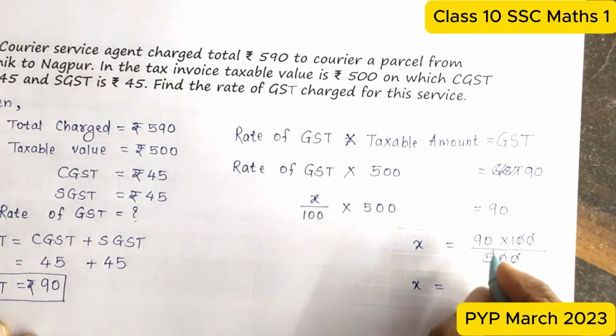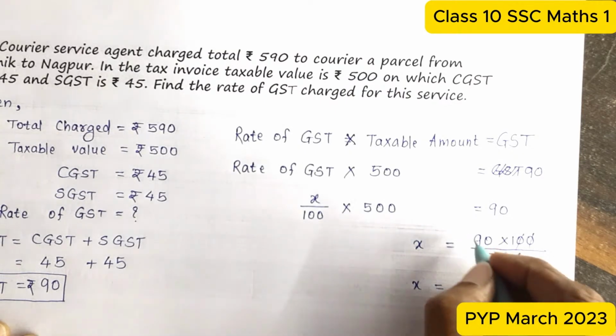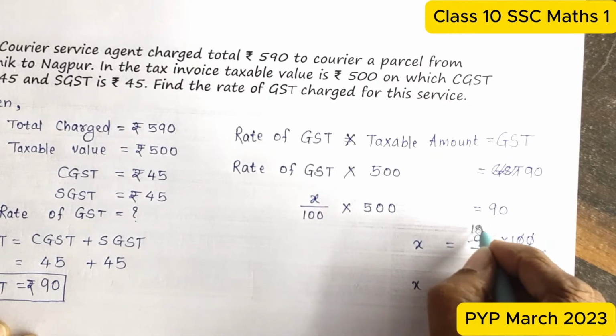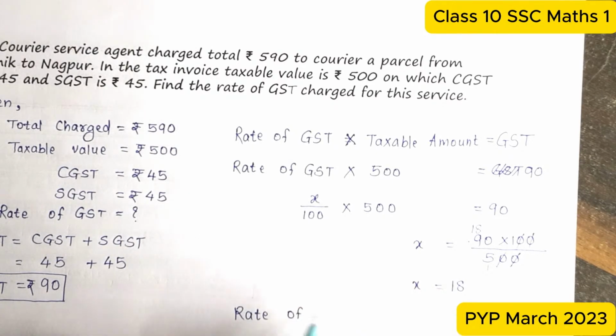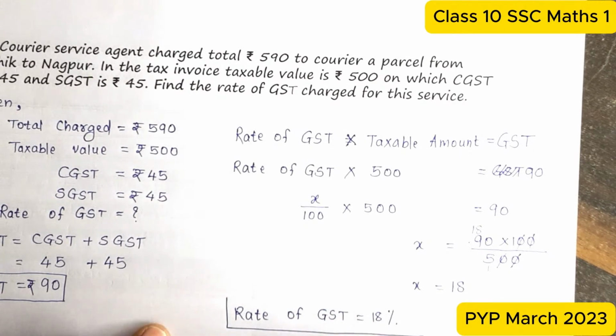So 5 ones are 5, 5 eights are 40. So X is equal to 18 students. That means the rate of GST is equal to 18%. Therefore, rate of GST is equal to 18%.